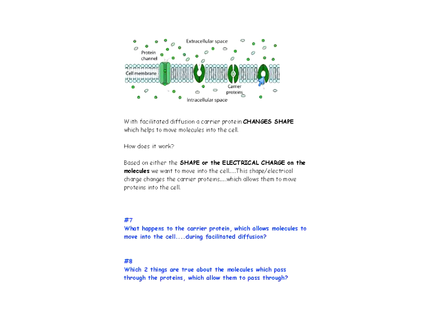If you look at this here, you can see how it's changing its shape, like this, but then it goes like that. So I wrote down here, with facilitated diffusion, a carrier protein changes shape, which helps to move the molecules into the cell.